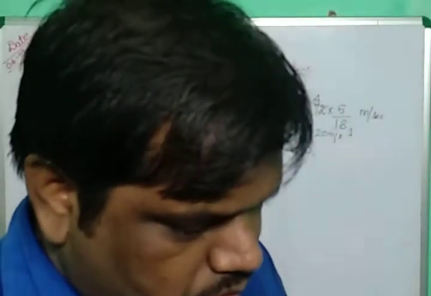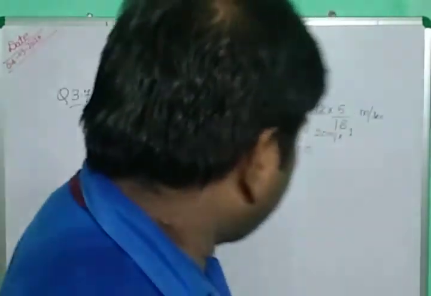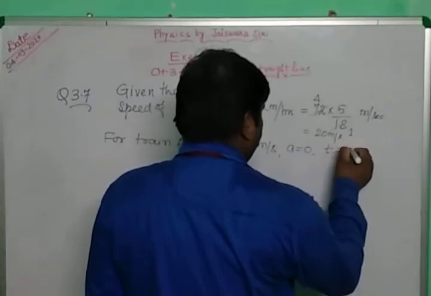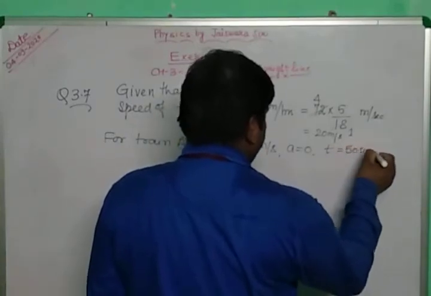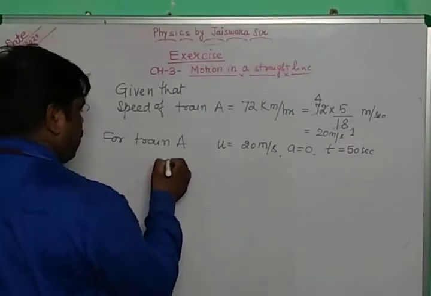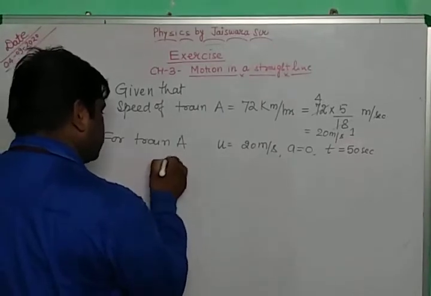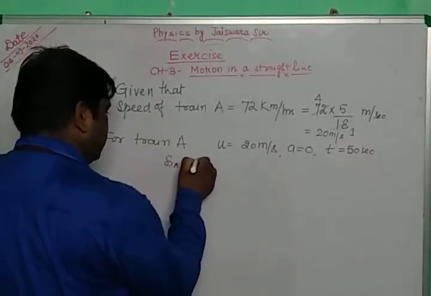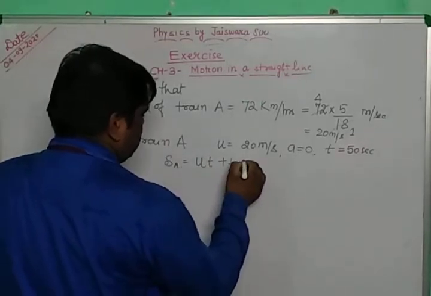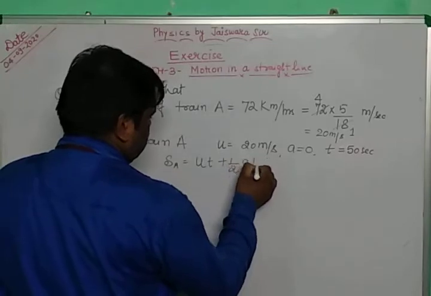And what about the time? The time is given here, 50 seconds. So let us find out the displacement, that is S. For train A, you have to use the formula ut plus half at square.